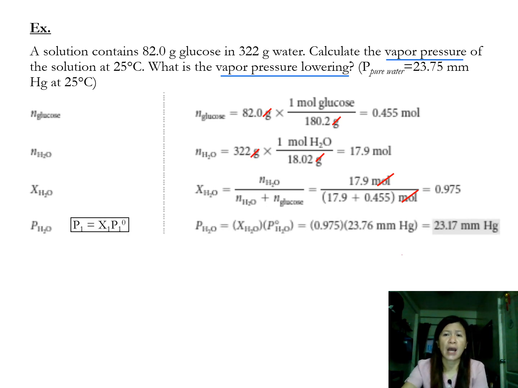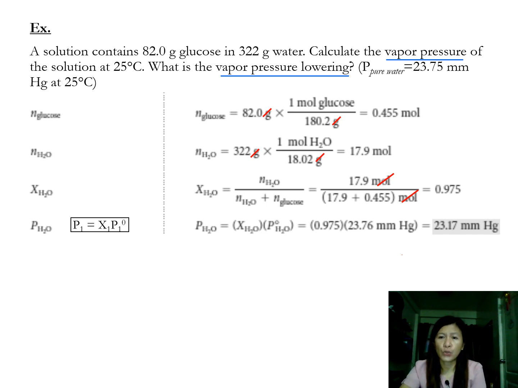We can now compute the vapor pressure of the solution using the equation P sub 1, the vapor pressure of the solution, equals the mole fraction of the solvent times the vapor pressure of the pure solvent. Substituting all the given and calculated values, we have the mole fraction of the solvent, 0.975, multiplied by the vapor pressure of the pure solvent, which is given in the problem as 23.75 millimeters of mercury.